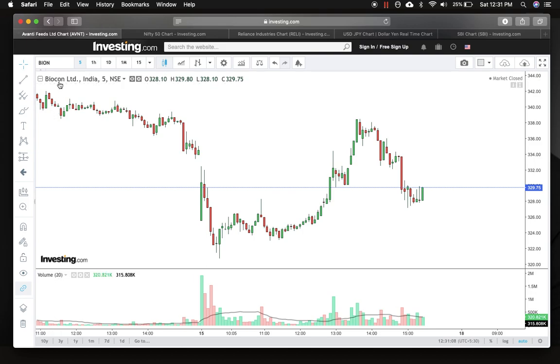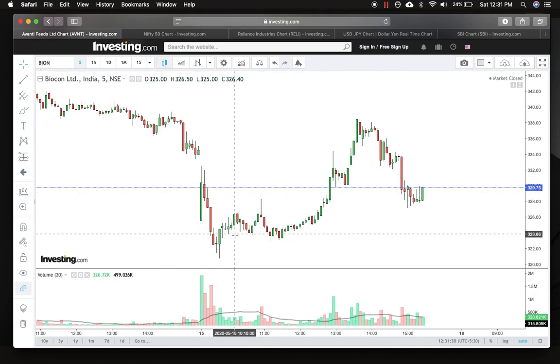I want to look at a couple of charts so that you can understand what this entire concept is. Let's have a look at Biocon. On 14th of May, Biocon posted their quarter four results. When a stock posts its quarter four earnings, it's going to become a stock in play, and that is why on 15th we can see increased volatility. From 330, price went to 322, again went to 337, went to 328.